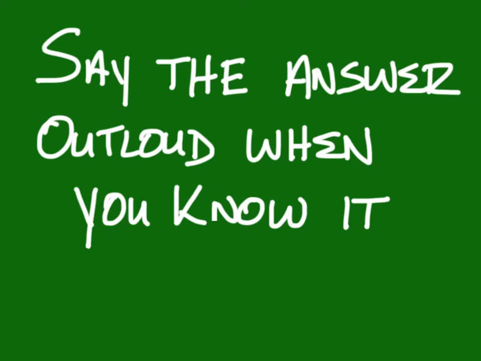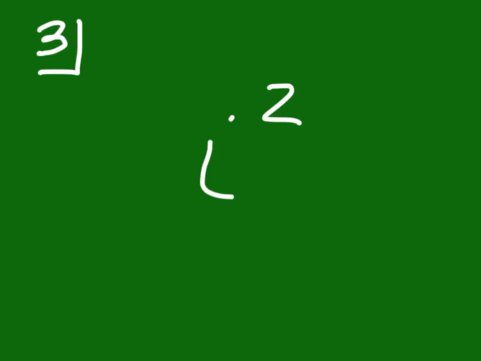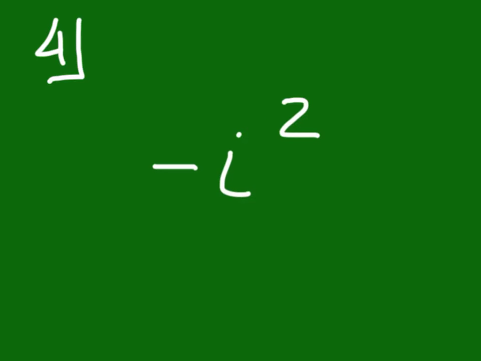Here are some flashcards first. When you think you know the answer, just say it out loud. Is what? What is it? Negative. Close. Square root of negative 1. Negative I. Negative 1. 1.